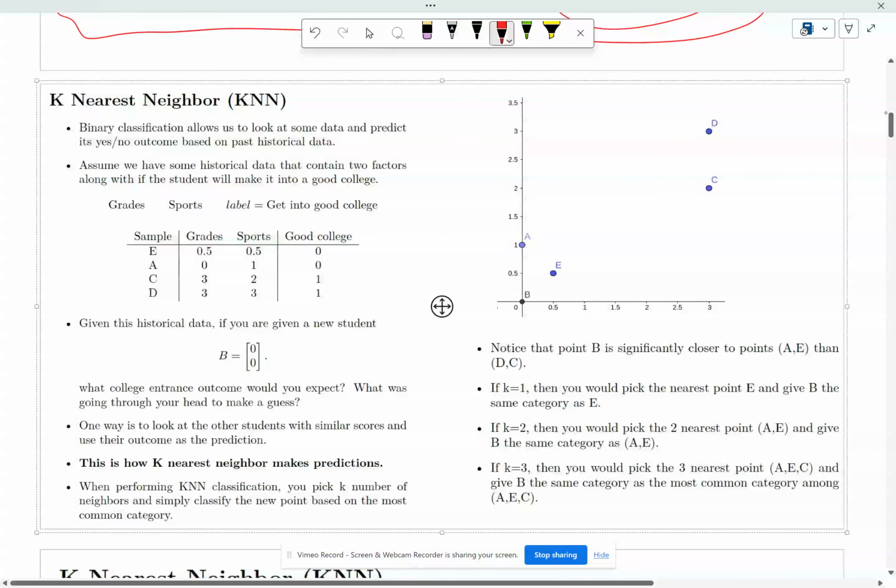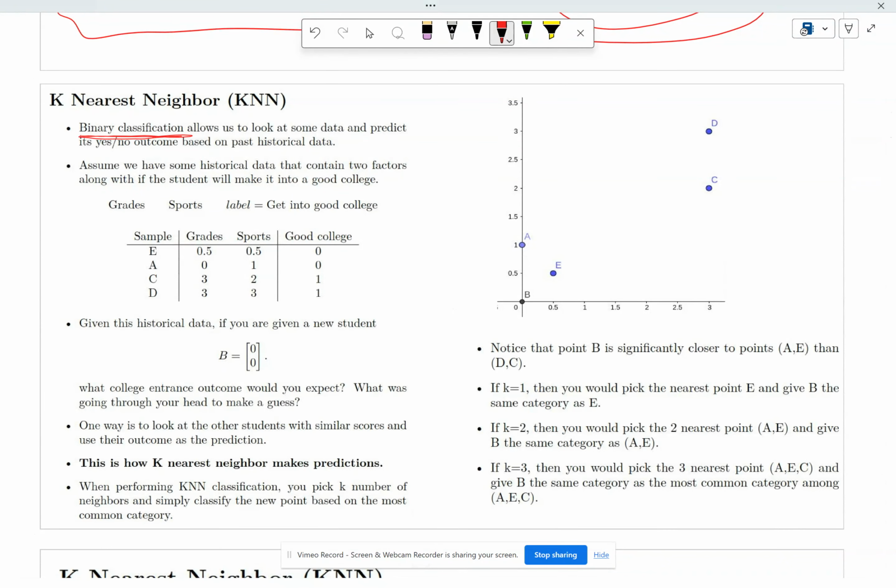Okay, we're going to stick with the theme of binary classification. It allows us to look at the data. Binary is just yes or no. Let's assume that we have some historical data that contains two factors, along with whether the student made it into a good college. The student's grade versus how good they are in sports, and then 0 means they didn't make it into a good college, 1 means they did.